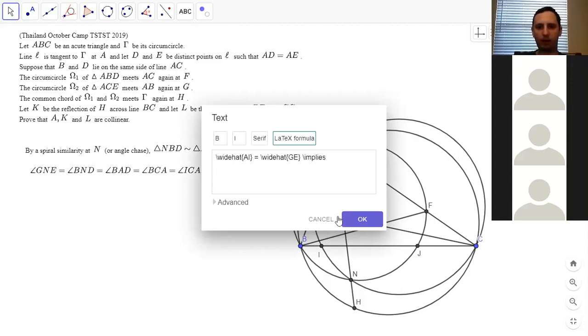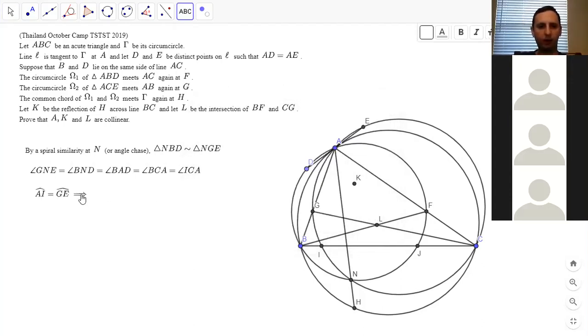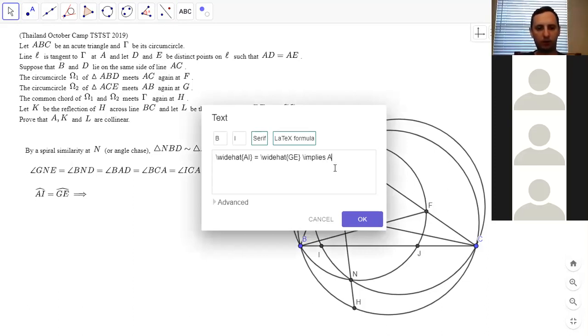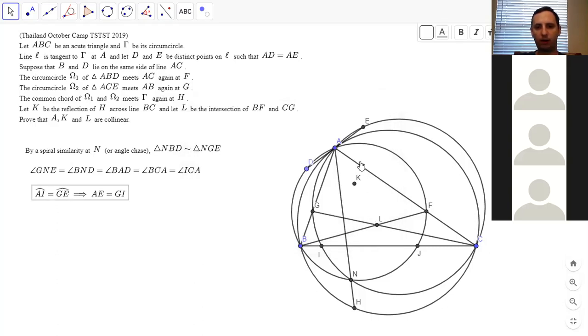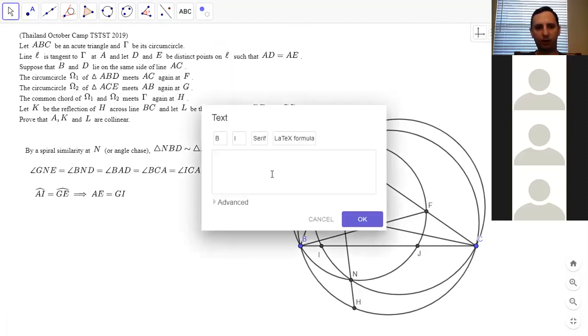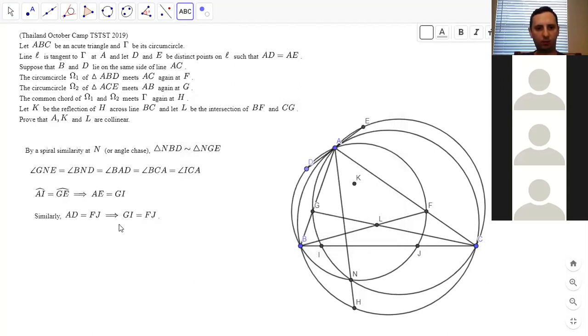So that means AE equals GI. And then similarly, AD equals FJ. So that means that GI equals FJ. And so we know this. Now we have to show that these angles are equal. I'm guessing that's an angle chase.